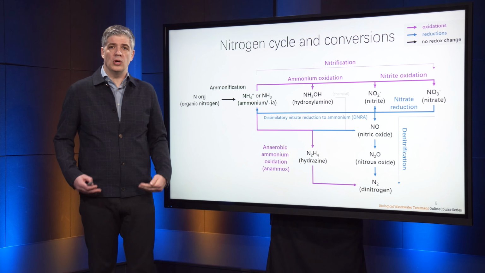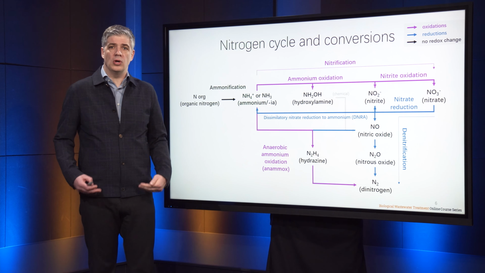If an electron donor is limiting, the denitrification pathway is incomplete, and greenhouse gas emissions of N2O can be emitted. By the way, N2O can also result from nitrification via chemical pathways.